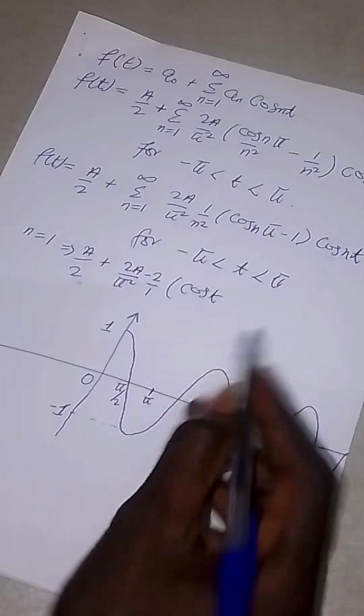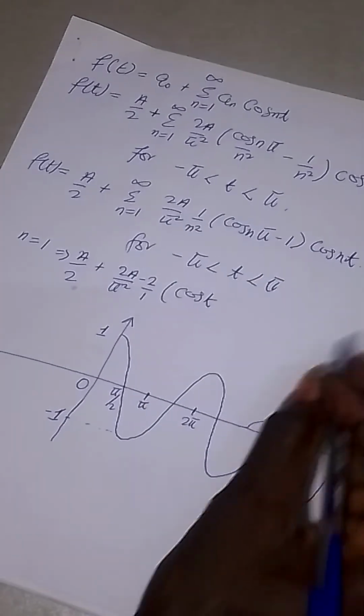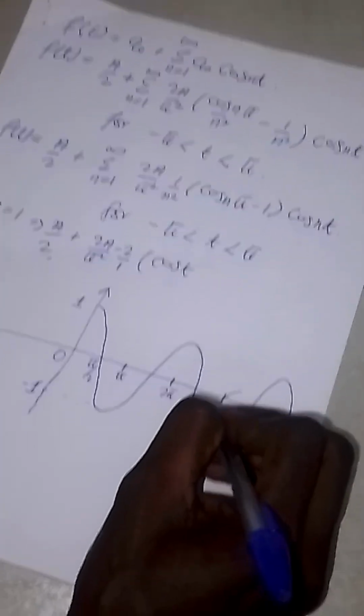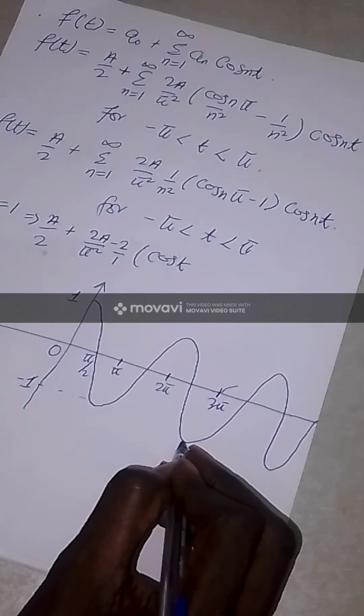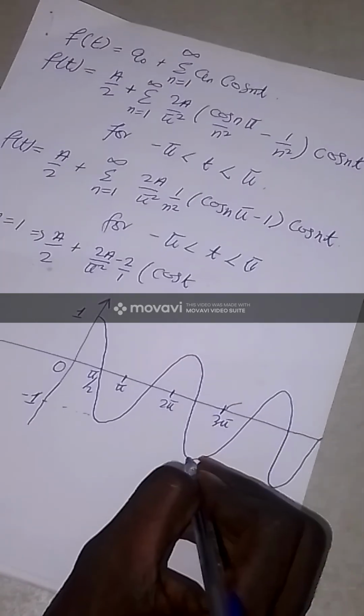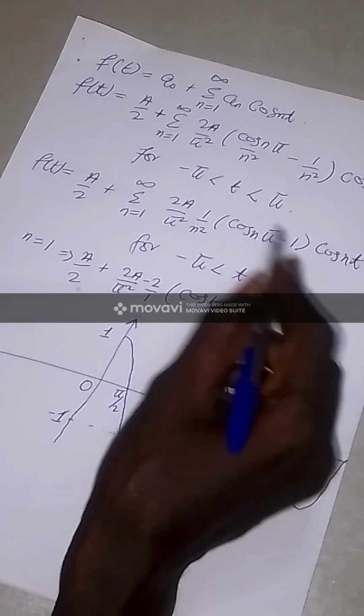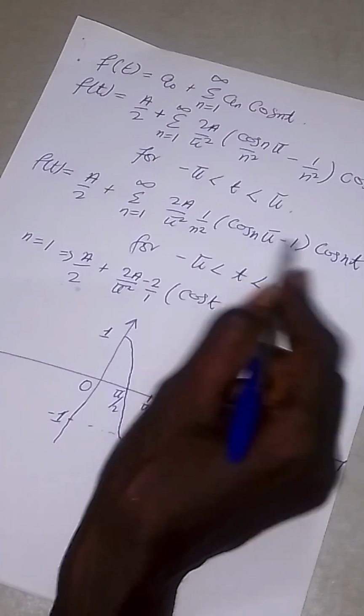Now let me put in another value for n. So the next value for n is 3. If I put 3 here, here is 3 pi. If I put 3 pi here, it is minus 1, because for 3 pi the value is minus 1. So if I put minus 1 here, I'll have minus 1 minus 1, minus 2.